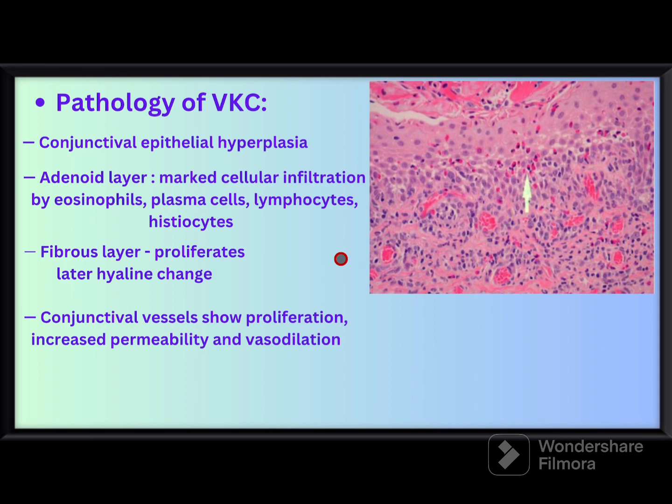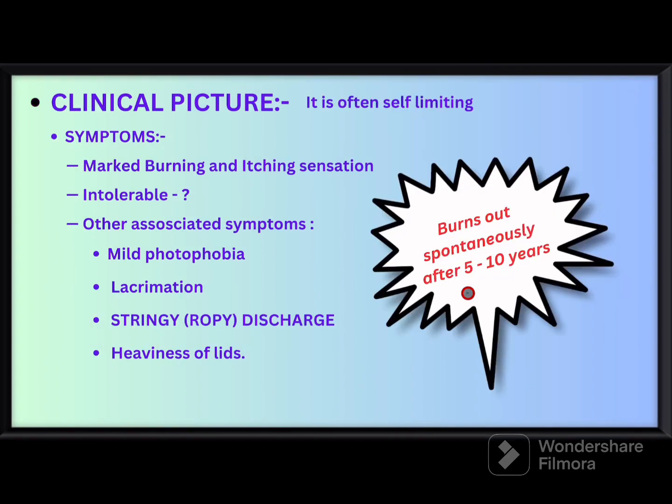What happens to the conjunctival vessels then? It shows proliferation and there will be increased permeability and vasodilation. So because of all these changes, it will lead to the formation of multiple papillae in the upper tarsal conjunctiva. Okay, so this is the histological picture here. What is the clinical picture?